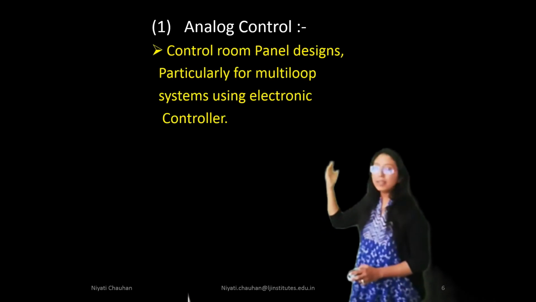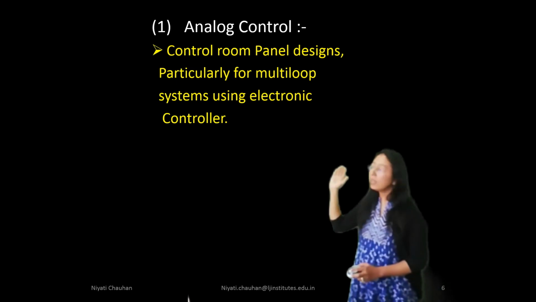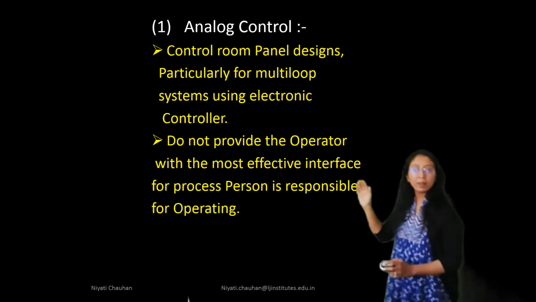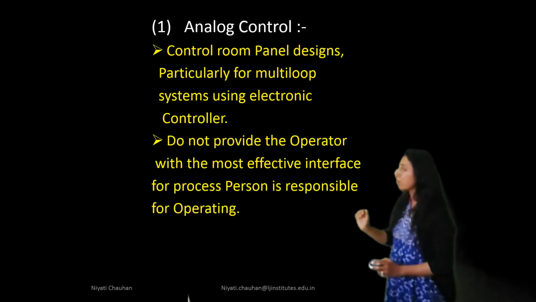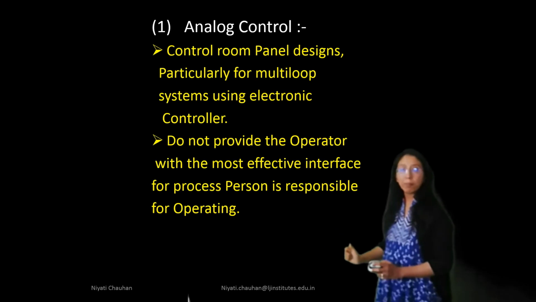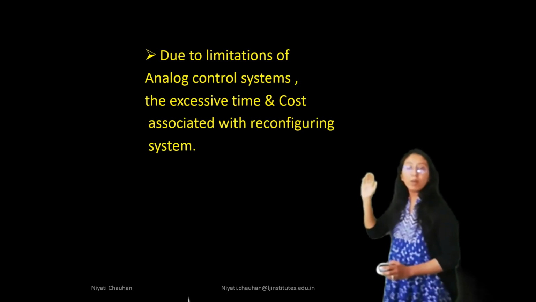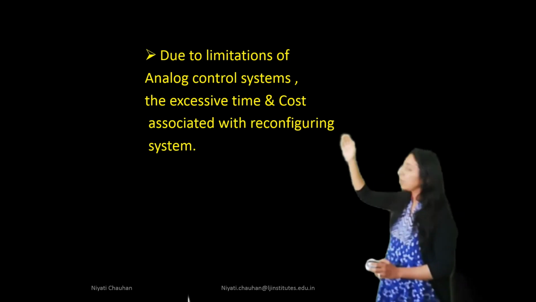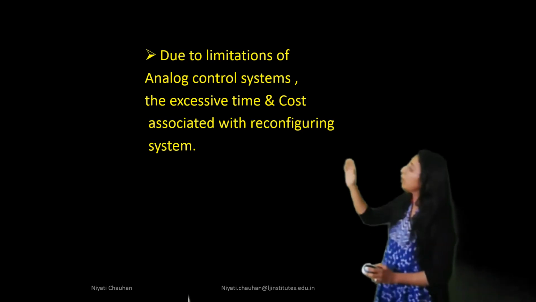Control loop panel designs, particularly for multi-loop systems using electronic controllers, do not provide the operator with the most effective interface for the process. This is due to the limitations of analog control systems, the excessive limit and cost associated with reconfiguring the system.